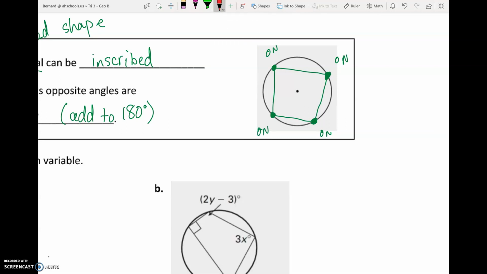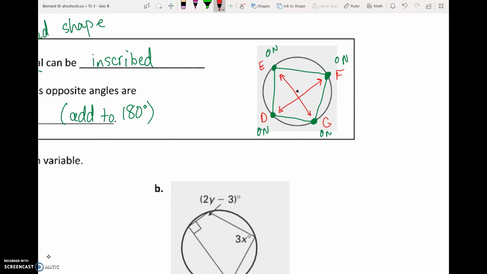And I'm going to call these points D, E, F, and G. Basically the idea is opposite angles, so angles that are across from each other. So that would be D and F. That has to equal 180. And then also E and G has to equal 180.